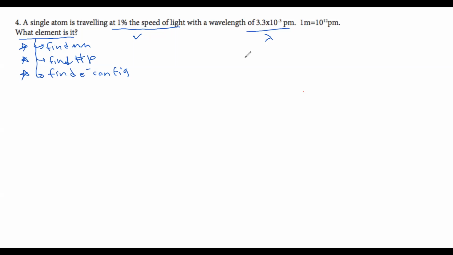So we have the de Broglie wavelength, which has h over mv, where m is mass in kilograms, v is velocity, and h is a constant. So we're given wavelength, we're given velocity, we know what h is, so this would help us find the mass. So that's a good start.